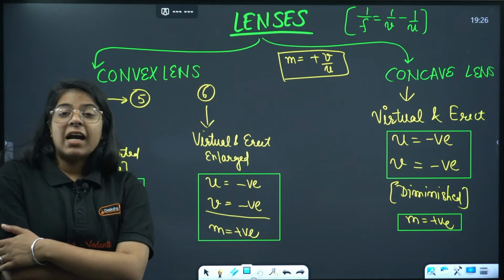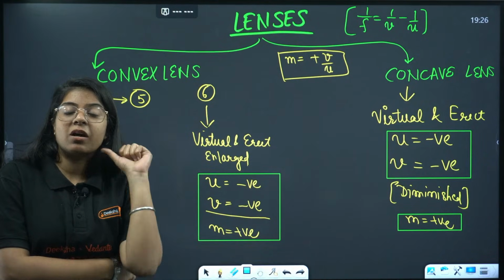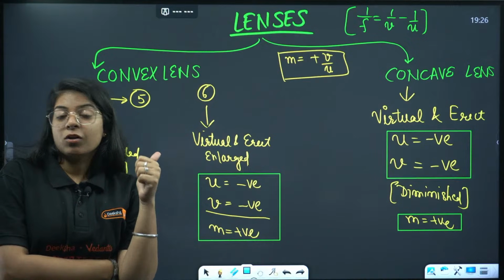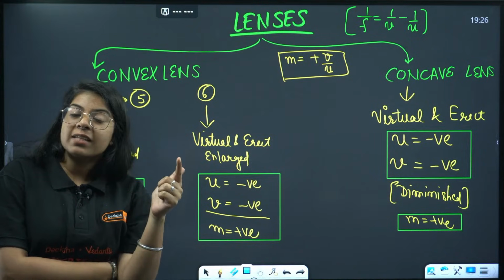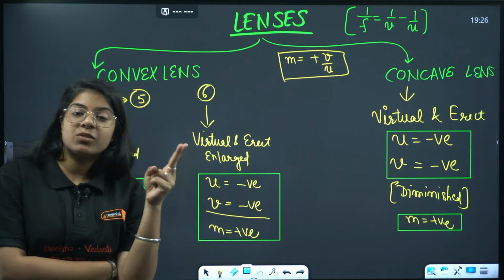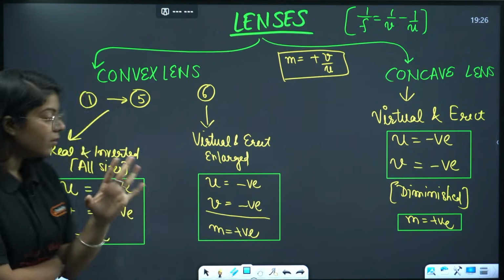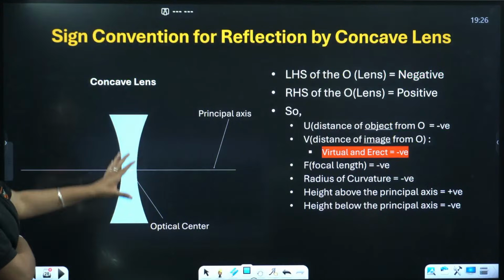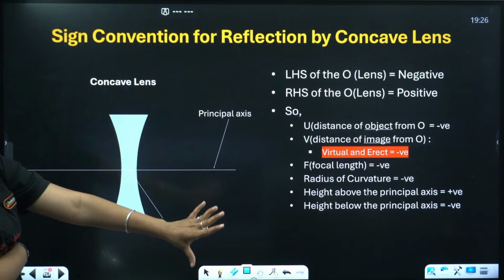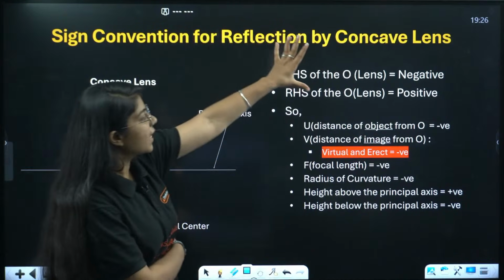Done. We are done with all ray diagrams. We covered concave mirror, convex mirror, then we moved to lenses. We covered convex lens, we covered concave lens. ठीक है? Here also you have this whole page where you can see the sign convention.